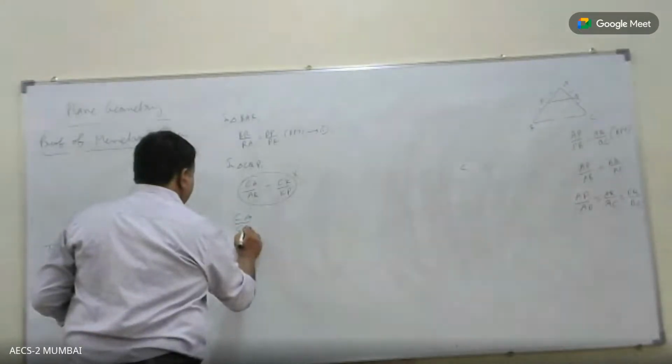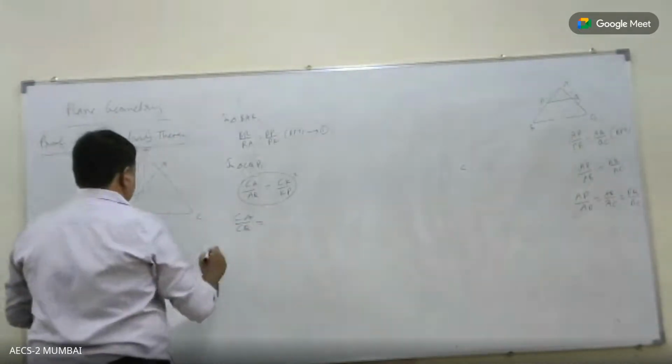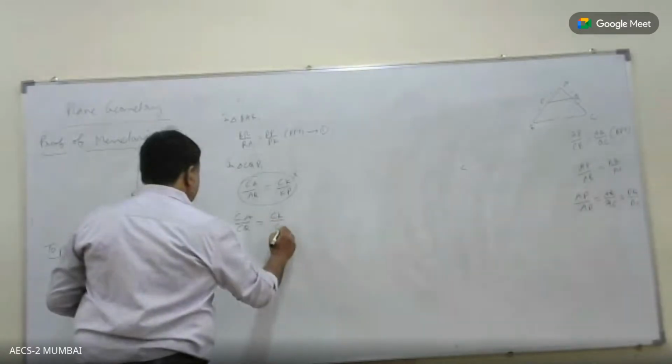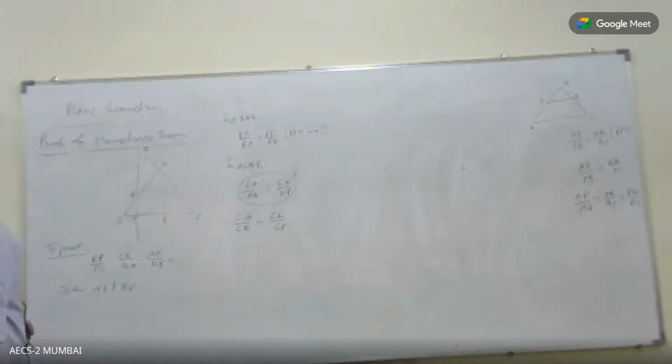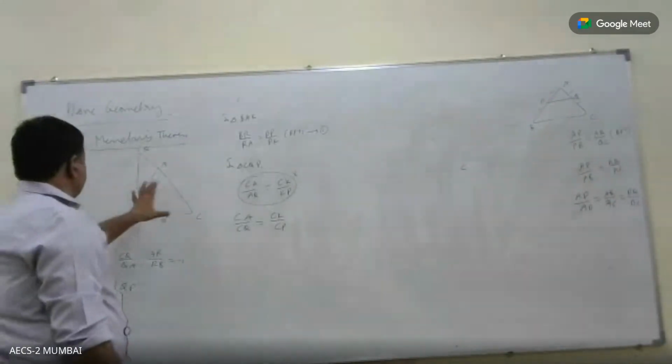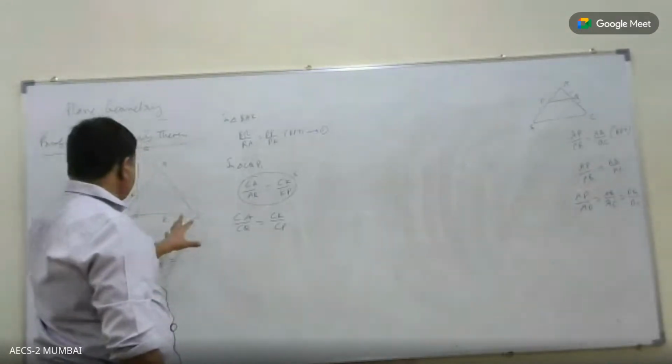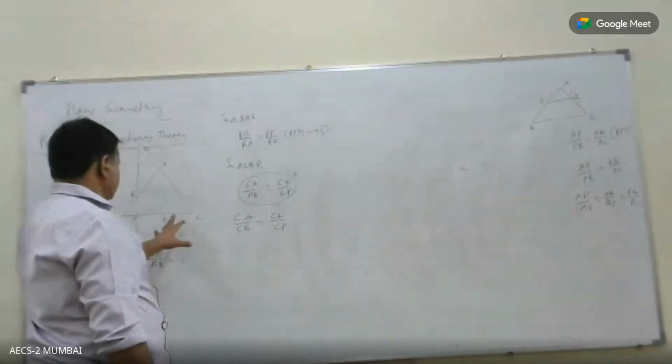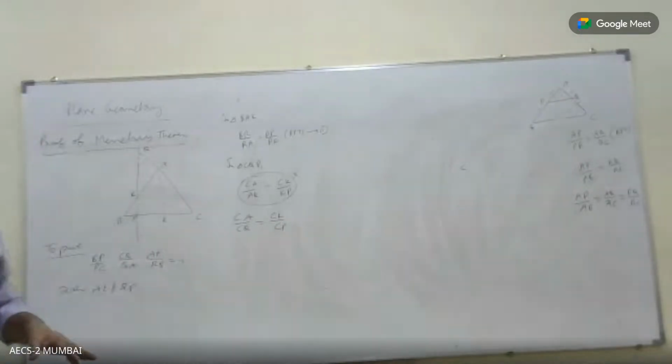CA upon CQ equal to CK upon... CA upon CQ equal to... what did you say? PQ upon AQ equal to PC by PK.